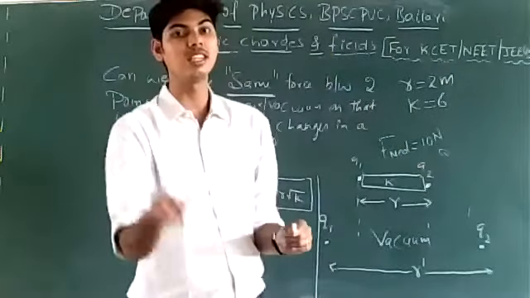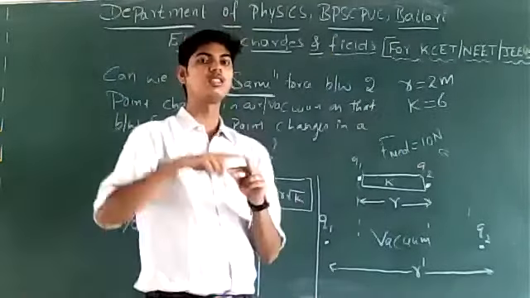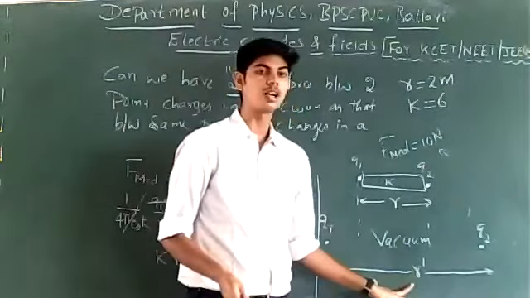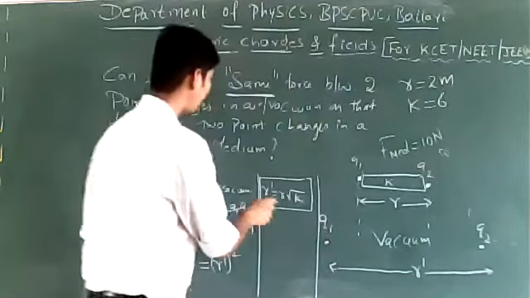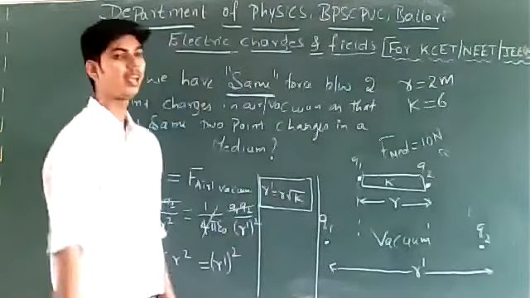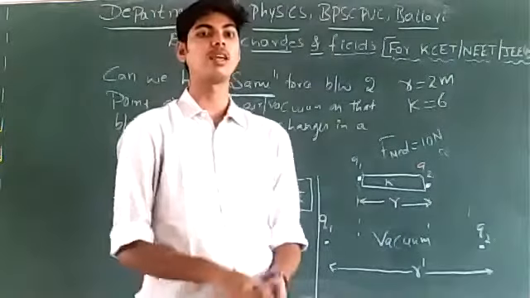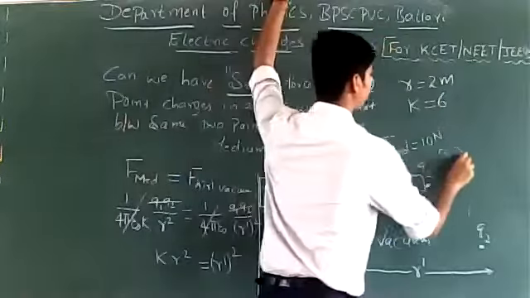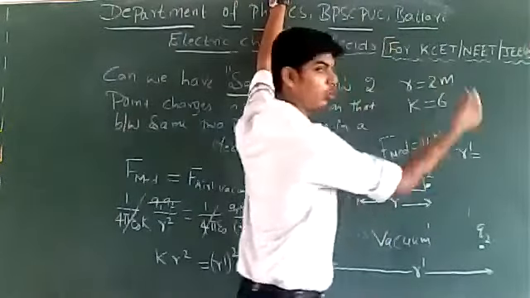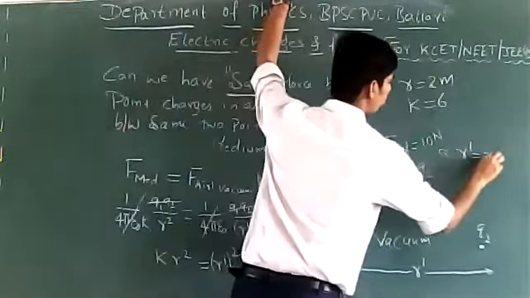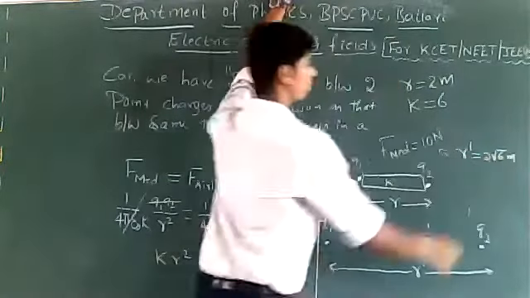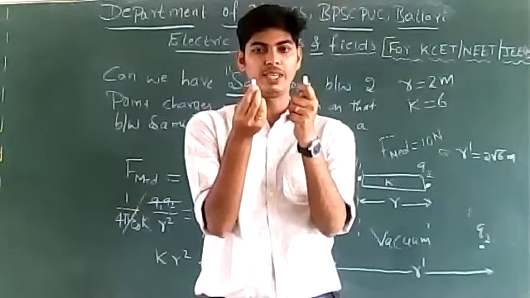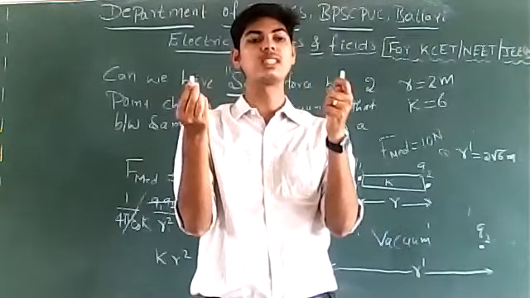You are going to increase the distance from R to R dash, where R dash is R root K. Earlier the distance was 2 meters, now you have to increase the distance from 2 meters to 2 root 6 meters.